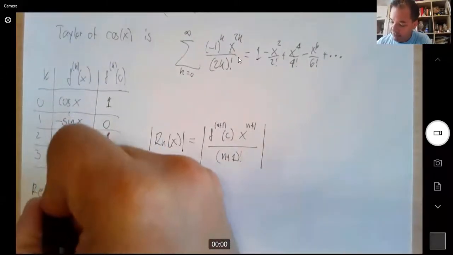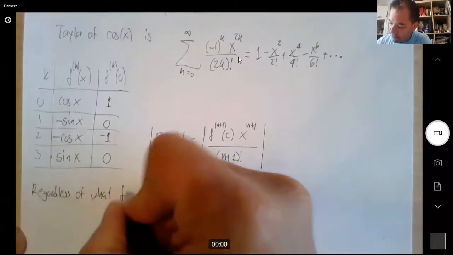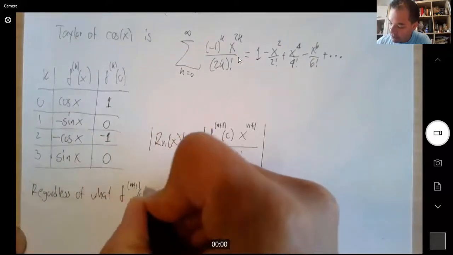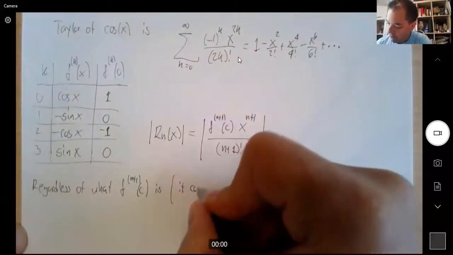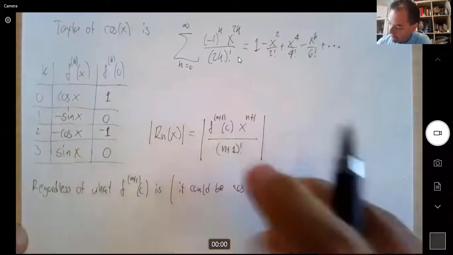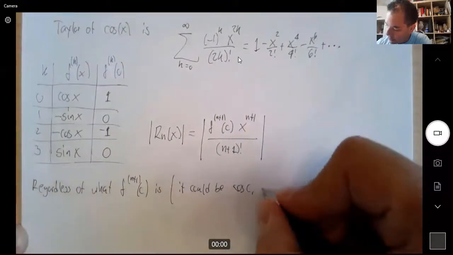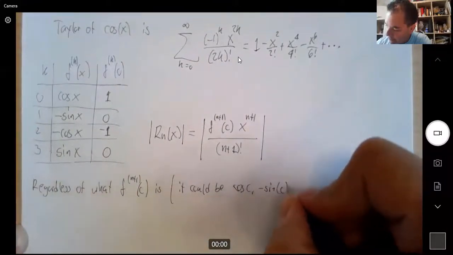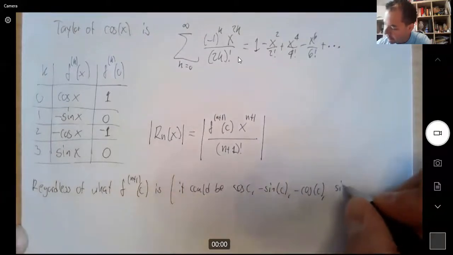Regardless of what f of n plus 1 of c is, it could be cosine c, it could be negative sine c, it could be negative cosine c, or it could be sine c.